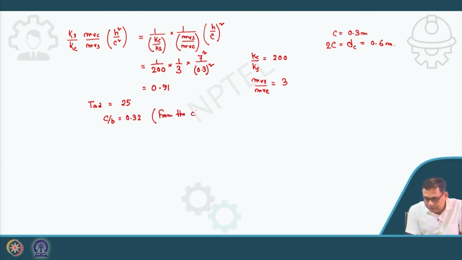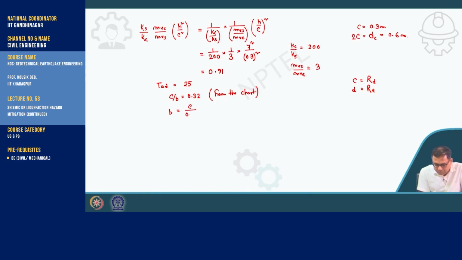Here you know that C is basically RD and B is basically RE. Same meaning. So B will be equal to C by 0.32, and C is equal to 0.3. So this is divided by 0.32. So it is 0.94.